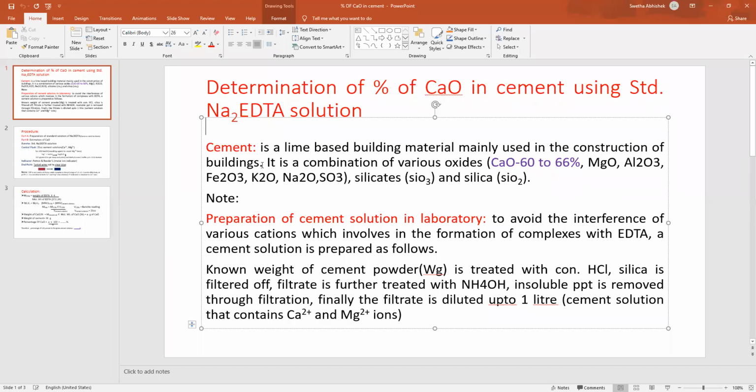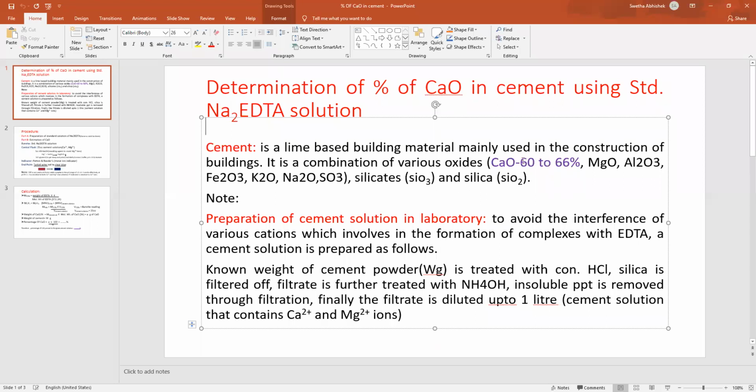So what is the total composition of this cement? Cement is a lime-based material which consists of a complex mixture of various metallic compounds. The major metallic compounds present in cement are oxides. What are the various oxides present here? Calcium oxide, which ranges from 60 to 66%.